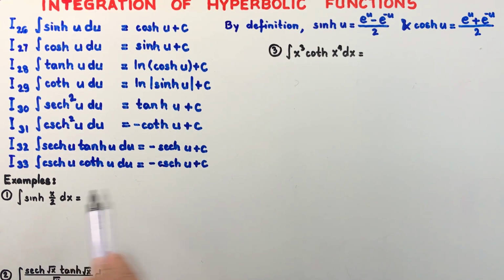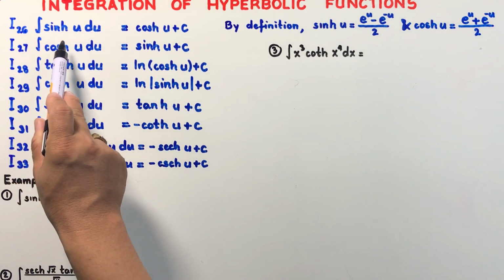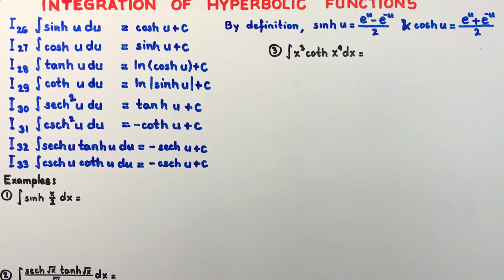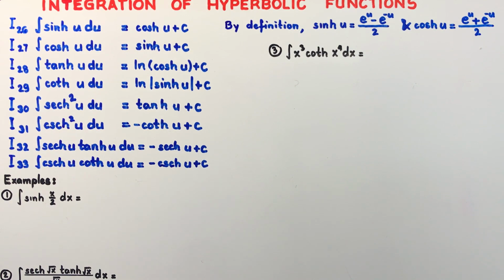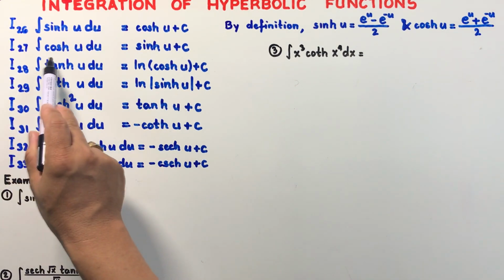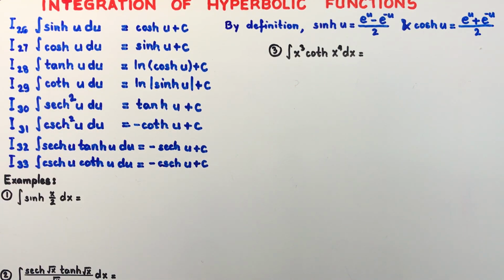Now, we have here 8 additional formulas in our list of integration formulas. So we have the integral of hyperbolic sine of u du, which is equal to the hyperbolic cosine of u plus c. And the integral of the hyperbolic cosine of u du is equal to the hyperbolic sine of u plus c.